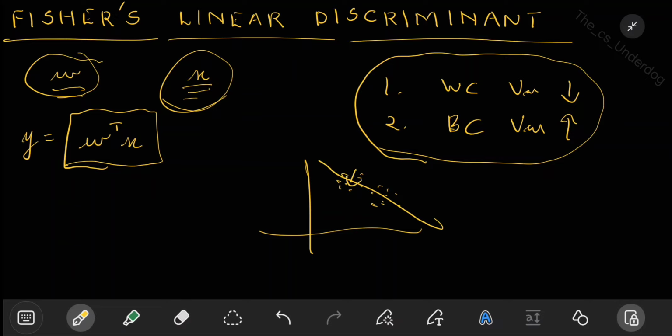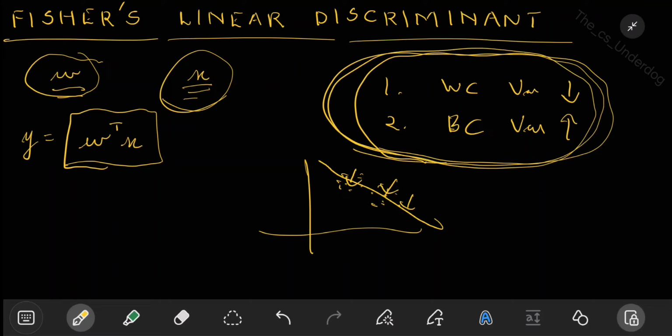That is, after you project onto this vector, these two conditions are to be satisfied. What do you want to do? You want to project onto an axis and compare the within class and between class variance after projection. After projection, you want the between class variance to be highest and the within class variance to be lowest.